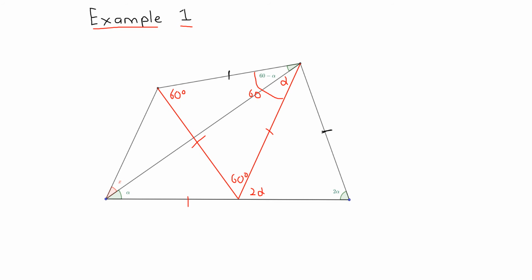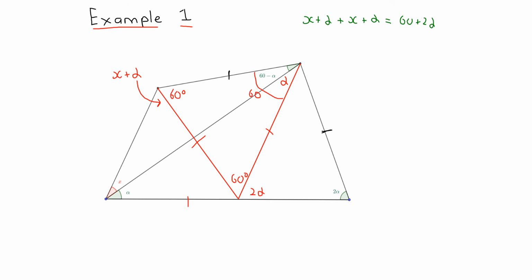But now look at this, we've built a new isosceles triangle where this and this are equal. So let's just label this here as x plus alpha, and we know that because this and this have to be equal. So let's now solve it. We know that x plus alpha plus x plus alpha equals 60 plus 2 alpha.